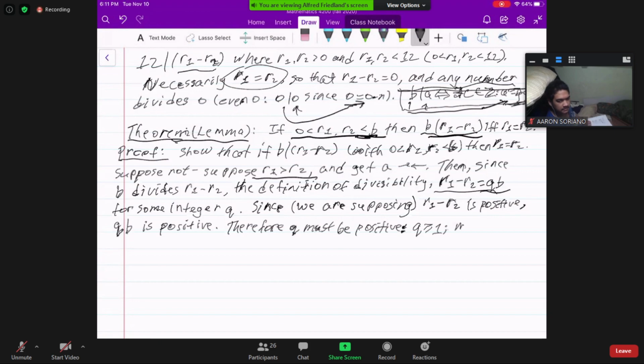So multiplying both sides by B, which is greater than 0, we get QB is greater than or equal to 1 times B. And of course, that's QB is greater than or equal to B.